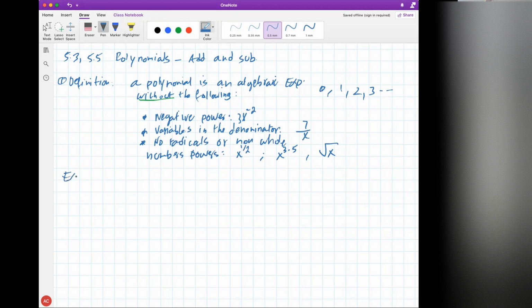So I'm going to give you a few examples of expressions that could be polynomials. So 3x squared minus 5x plus 1. And then maybe 5x plus 5x to the third plus x to the power negative 1 minus 4. And maybe this also. And another example.